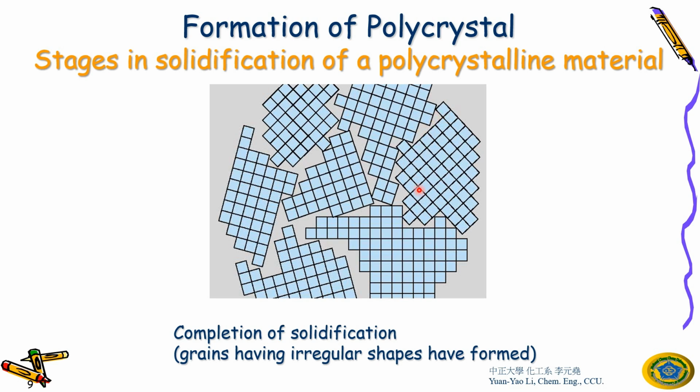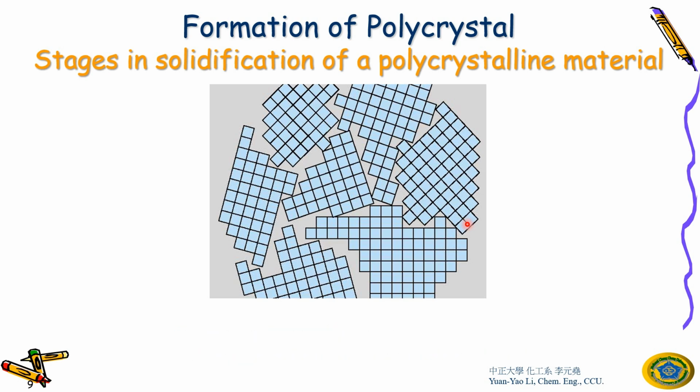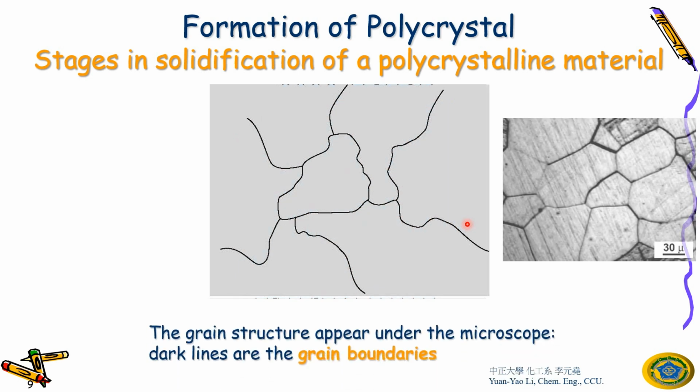This is what we call grain, and this is what we call grain boundary. So in the end, there's no space at all, and this is the formation of the polycrystal. It will look like this, and under the observation of the microscope, it looks like this. This is grain and grain boundary, grain and grain boundary. Okay?